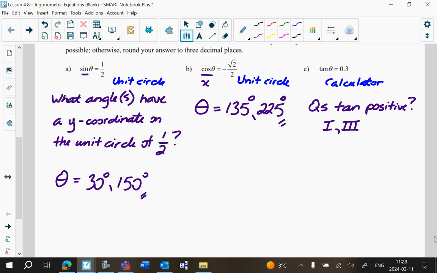Now, how do I actually figure out what those are? I need to find the reference angle. To find the reference angle, you always take the inverse. This is where you go inverse, and you find your reference angle.